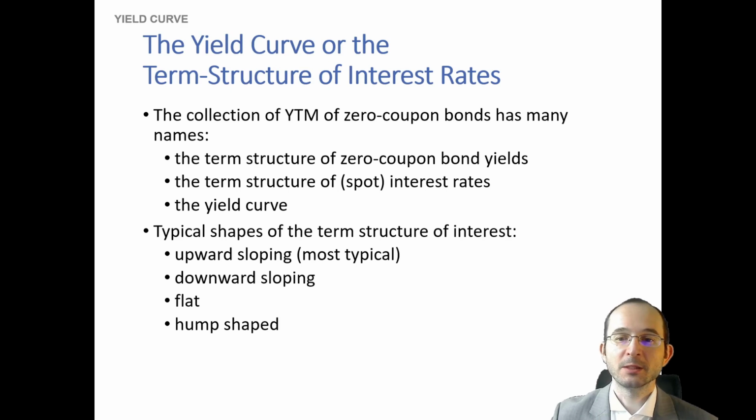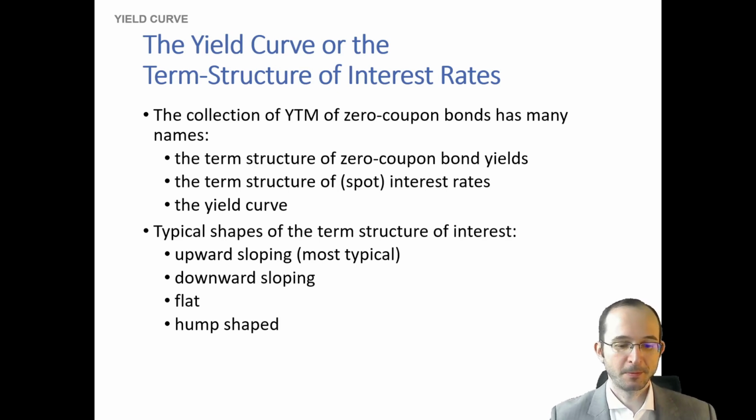So this plot that we saw in the example 2 slides ago, a collection of zero coupon yields to maturity across different maturities, goes by many different names, but they all get at the same idea that you have essentially a plot of expected interest rates at different maturities, and therefore you can even learn about what future interest rates for individual years in the future may be.